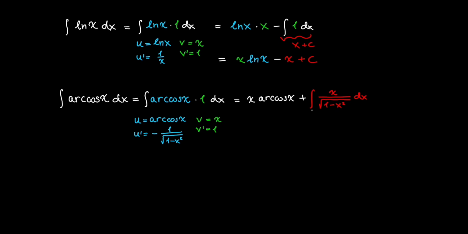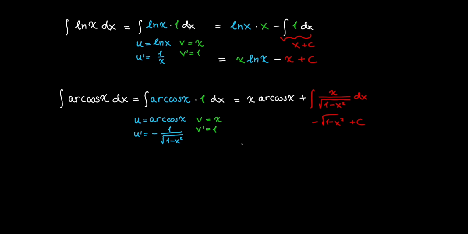Now, this integral that I changed into the red color here can be solved using integration by substitution, which we talked about in part 18. So I will not show the step-by-step solution and simply tell you that what you're going to get for this integral is negative square root of 1 minus x squared plus c.